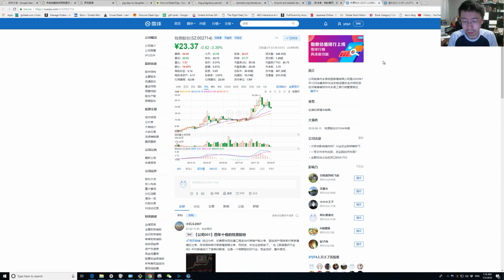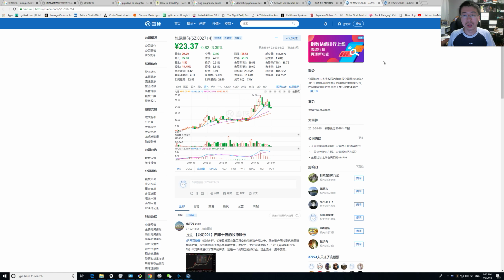It's just appearing. They're forming. Most of the Chinese pigs are still raised by individual farmers, and they probably have just 100 pigs or less, and they just manage it themselves.